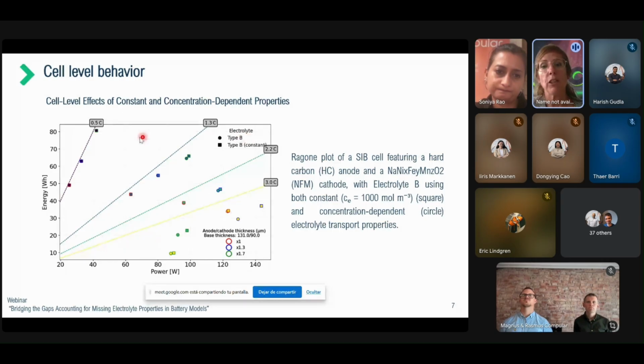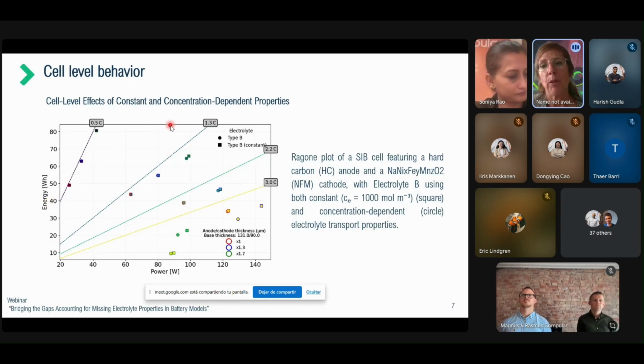And what we see obviously is a certain deviation, and we see clearly how important it is to extract these parameters accurately, describing all the dependencies. In this case, we were only considering the concentration, but all the relevant parameters should be considered in advance. So basically, this is just to show how important it is to accurately do the parameterization.